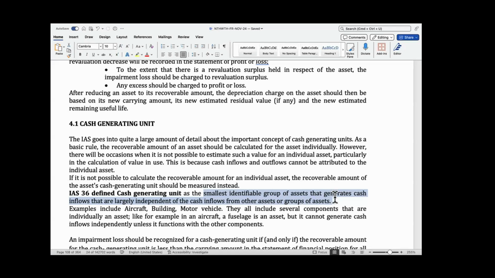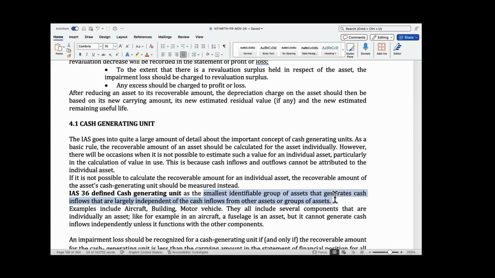Grouping these assets together has only one purpose as far as IAS 36 is concerned. This is one of the rare places where you find CGU. The only reason we are coming up with CGU is to ensure that we can test this set of assets for impairment.